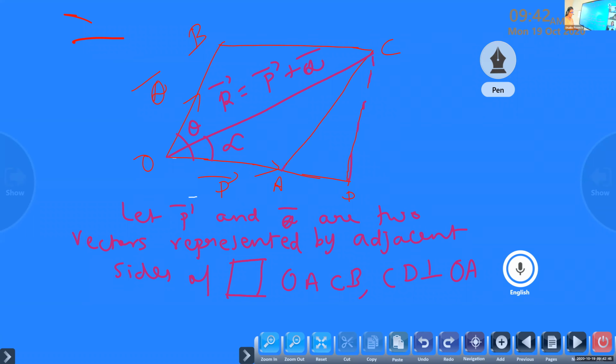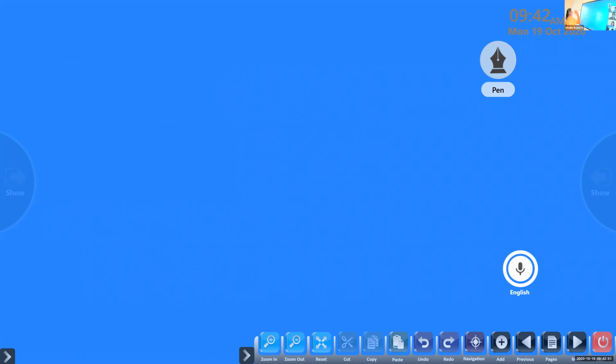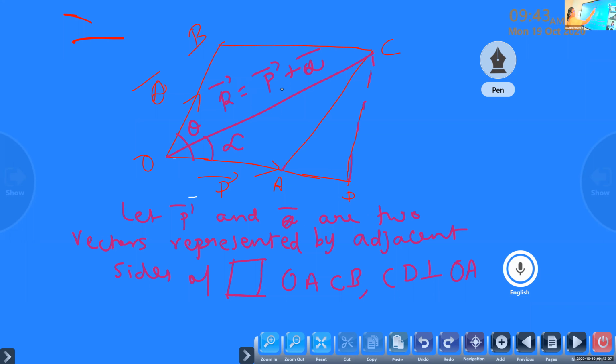Thus, diagonal OC square is equal to... how can you find out the diagonal OC? You consider this triangle OCD. So it's the Pythagoras theorem.